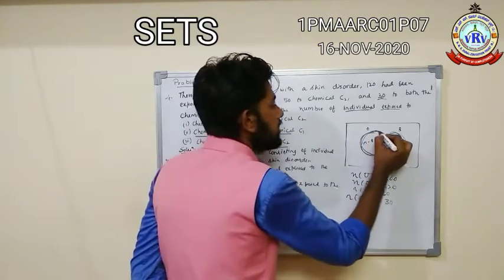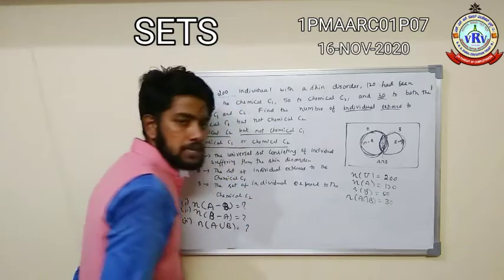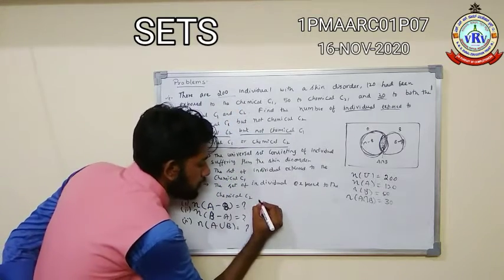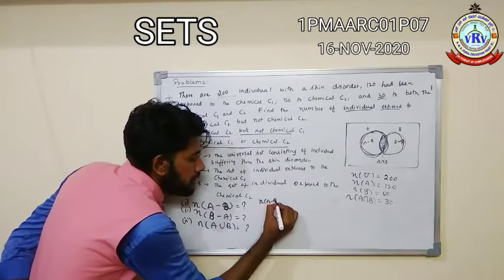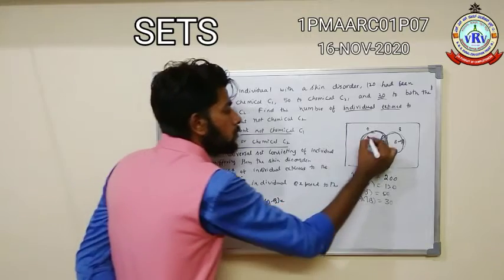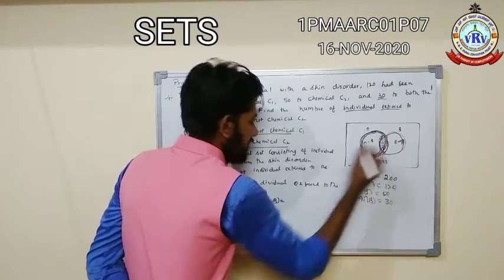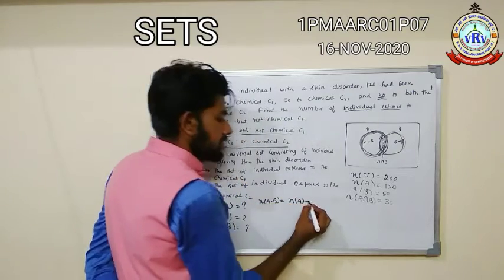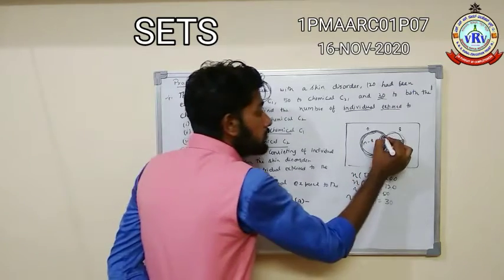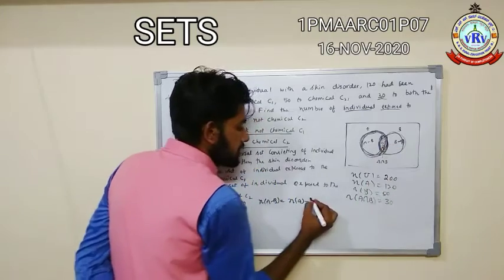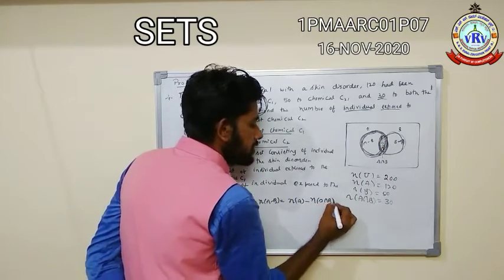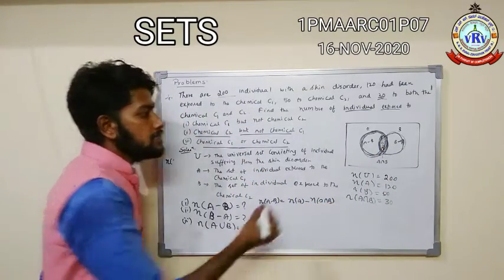Now we can find the number of elements in A minus B. The number of elements in A minus B is equal to the number of elements in the set A minus the number of elements in A intersection B. Quite simple, right?